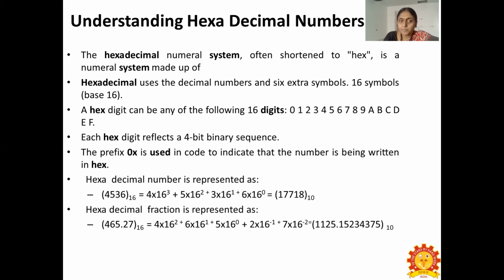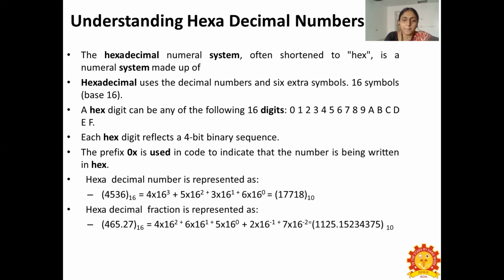The prefix 0x is used in code to indicate that the number is being written in hexadecimal. If a number is given and it starts with 0x, we can say that it is a hexadecimal number.